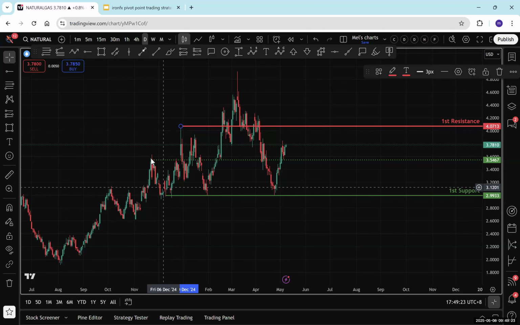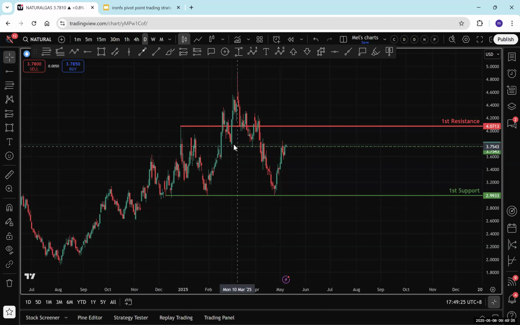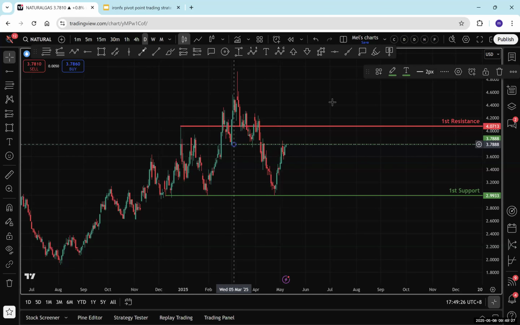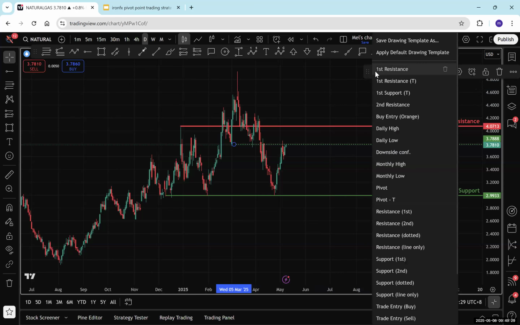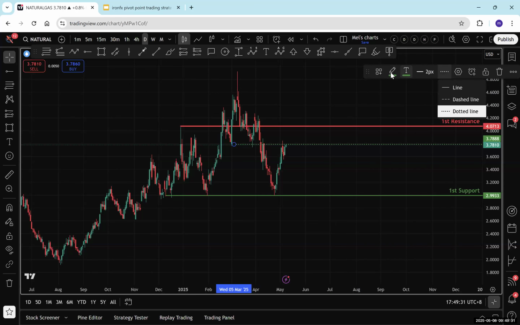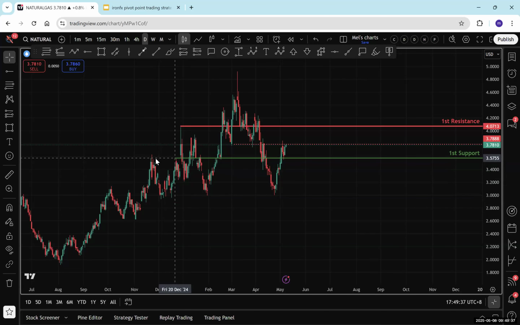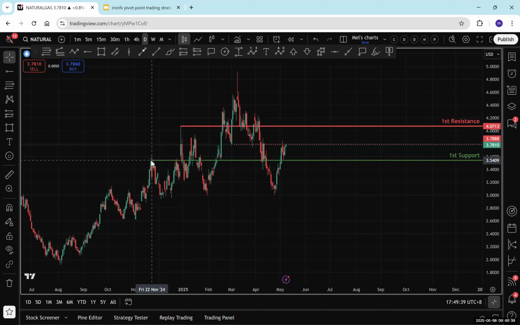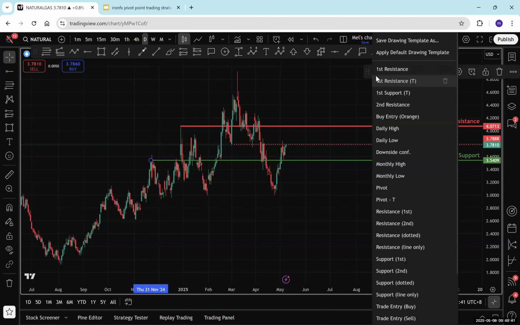Okay, you know what? I'm gonna place an intermediate resistance here because it's exactly where price is currently at. And then since I'm expecting prices to continue moving upwards, I can place my first support or my stop loss pretty close to price.